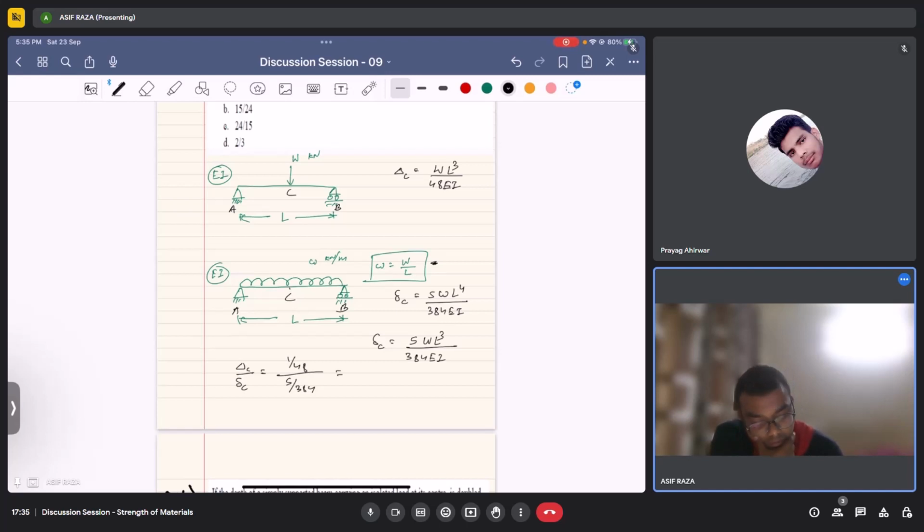This can be computed now as 384 by 5 times 48, and 48 goes 8 times, so this would be 8 by 5.